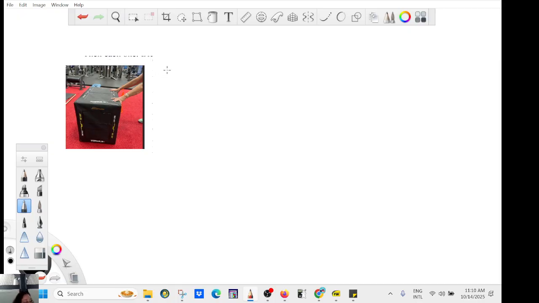I'm pushing here. Let's say this is the object here, and I'm pushing. Let's do it this way: pushing here, and the push is 200 Newton. And this is 10 kilograms.